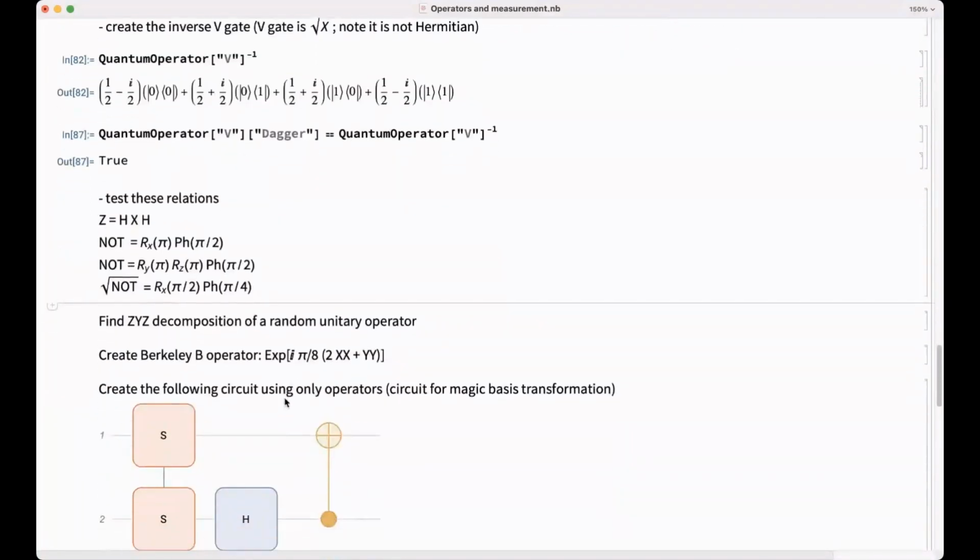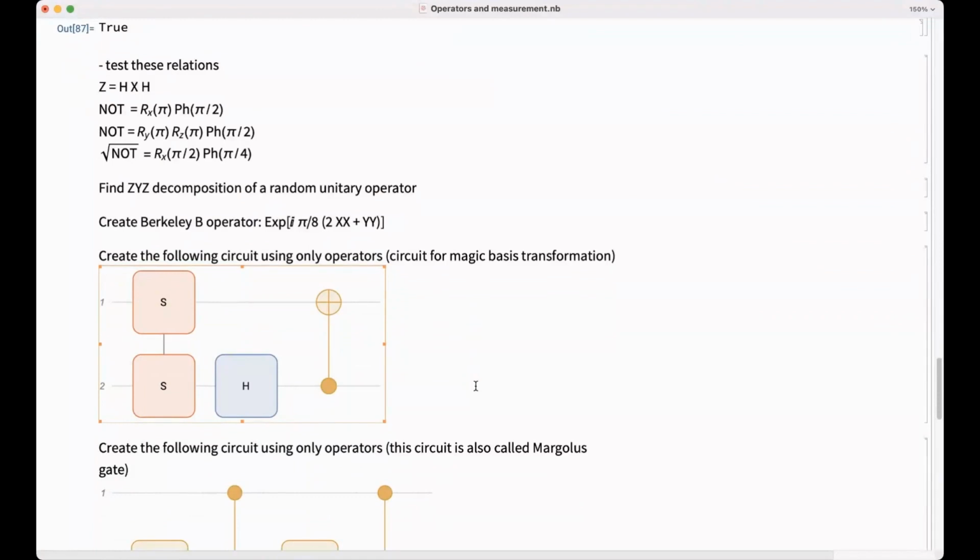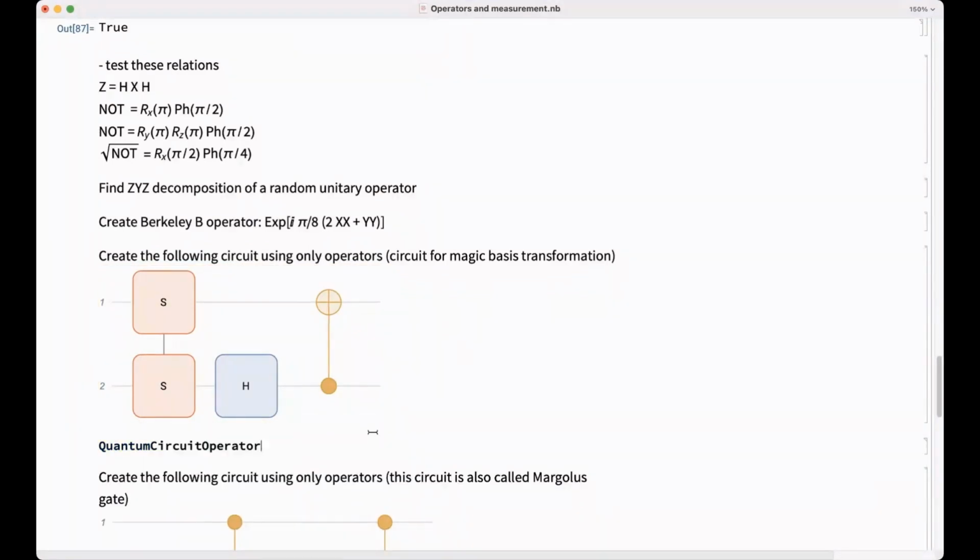We already showed that. This is also a very healthy practice. Whenever you see a circuit, try to construct it as an operator, a multiplication of a bunch of operators, because it helps you have a better understanding of how things are happening here. Remember, we should read it from left to right.